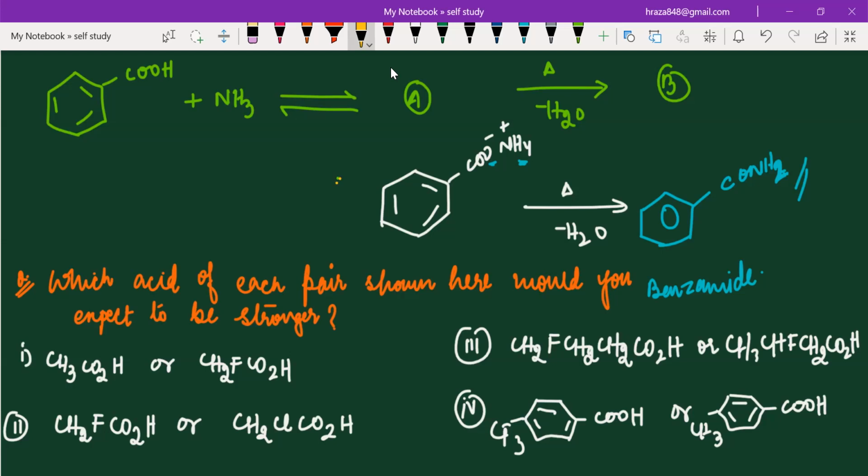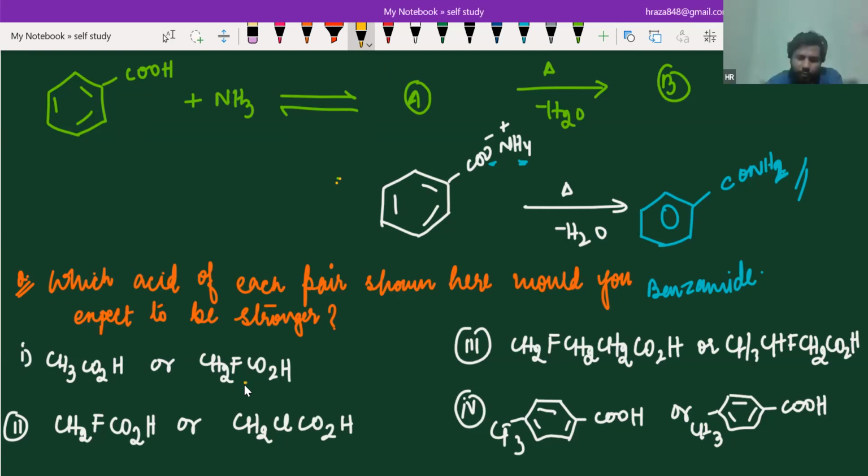For the first one, which one is more acidic, CH3CO2H or CH2FCO2H? Sir, CH2FCO2H. There you go. This one is more acidic.